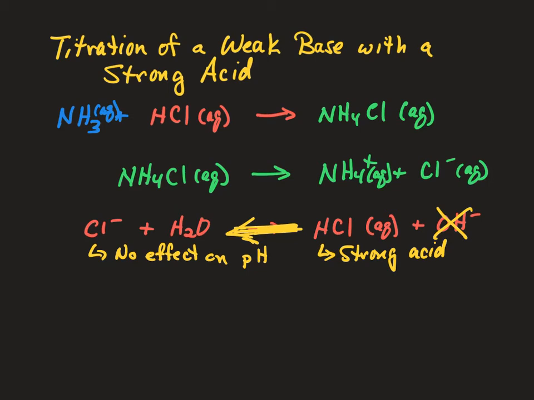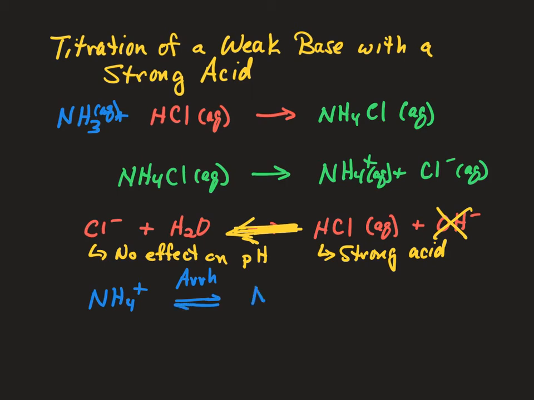Now, let's consider our ammonium ion. We can think about it in two ways. One, we can think about it in an Arrhenius sense. If we think about it in an Arrhenius sense, it is itself a weak acid.